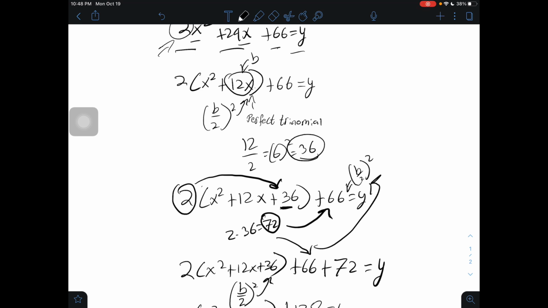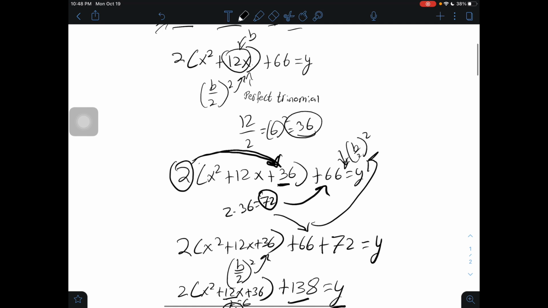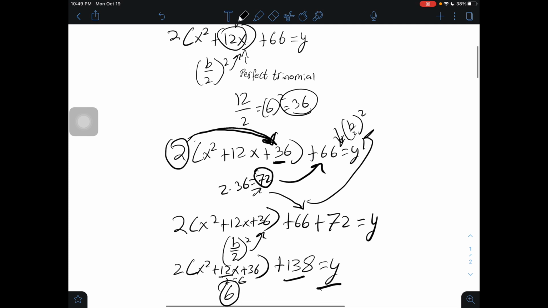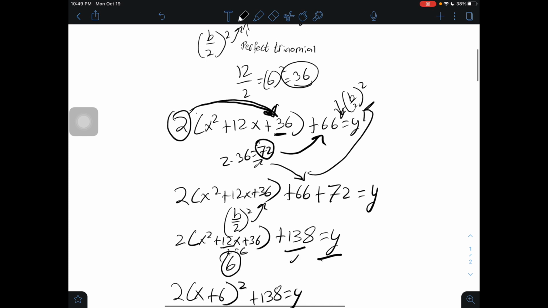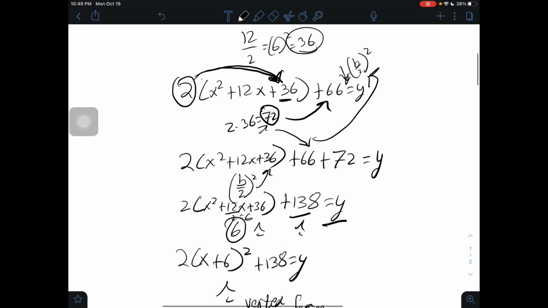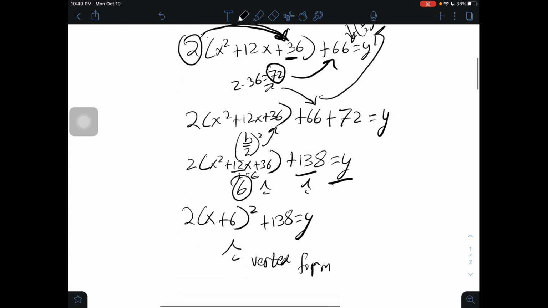Now we have to add 2 times this 36 and add it right here. 2 times 36 was 72, as we found out right here. Now we added the 72 to 66 and we got 138. And now back to the parentheses, we want to simplify it as far as we can.